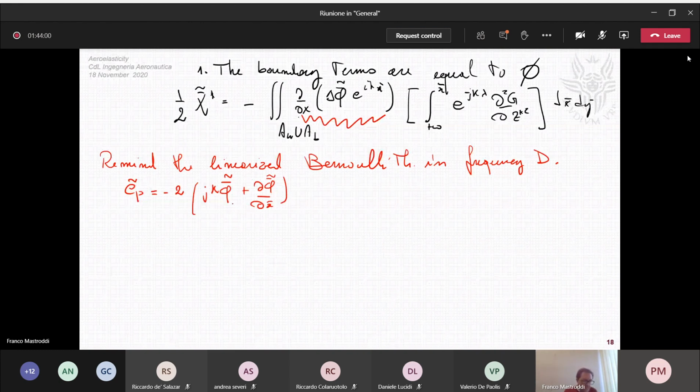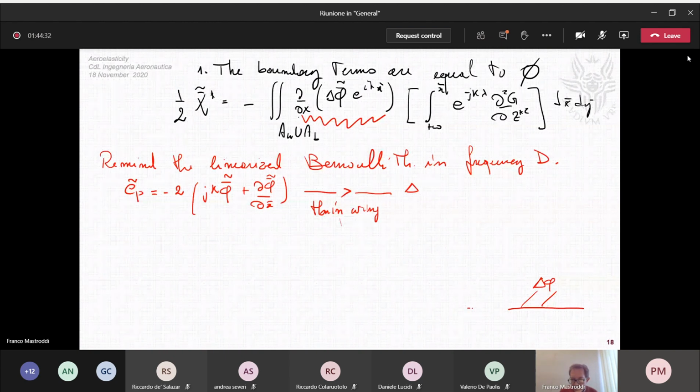And what happens to the Bernoulli theorem for a thin wing? For the thin wing, we have just commented this part when we discussed the Joukowski's theory in the steady state. We have directly a jump of the pressure on the surface. In any point, you have a jump, delta phi.